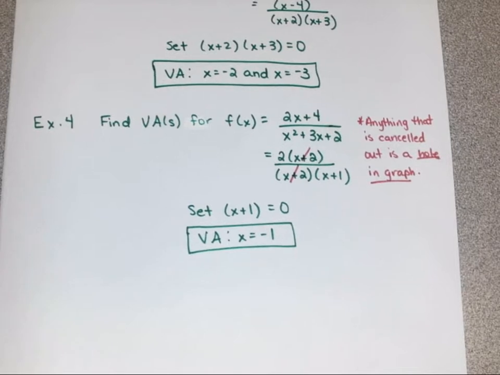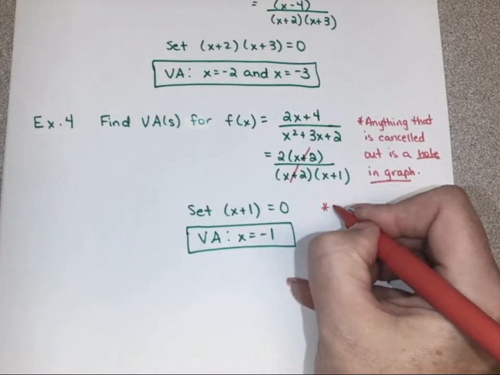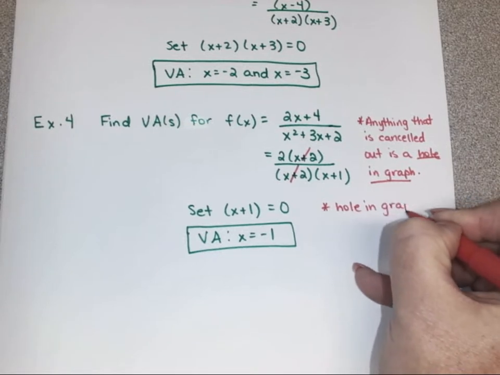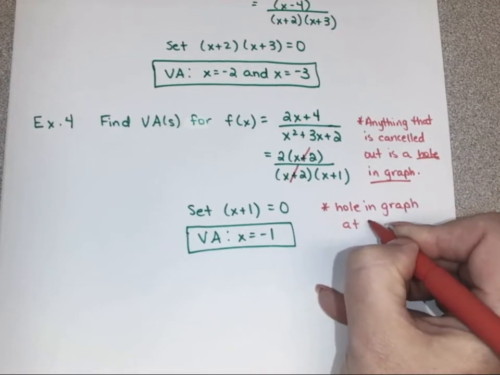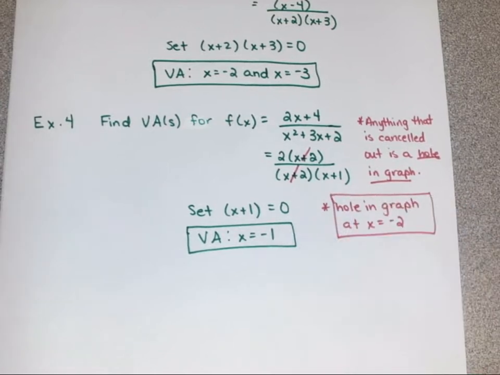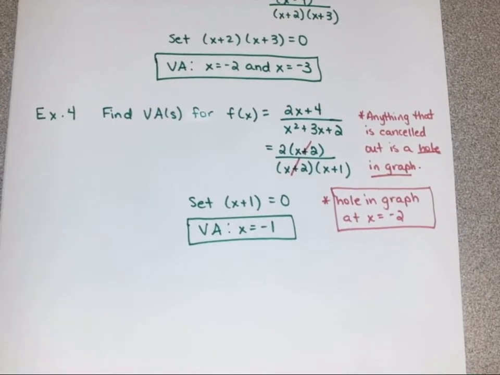Okay, so what that means for us is there's actually a hole in the graph where we canceled at x equals negative 2. Okay, so I'm not going to focus too much on that, but I did want to mention it.